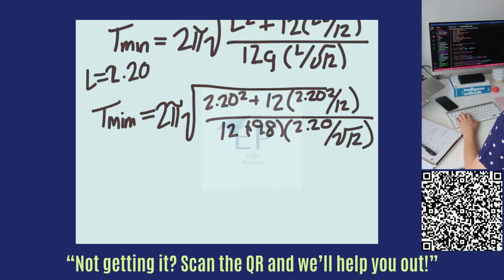And that ends up giving us that T minimum equals 2.26 seconds. And since x was chosen to minimize the period, then as our length increases, the period also will end up increasing.